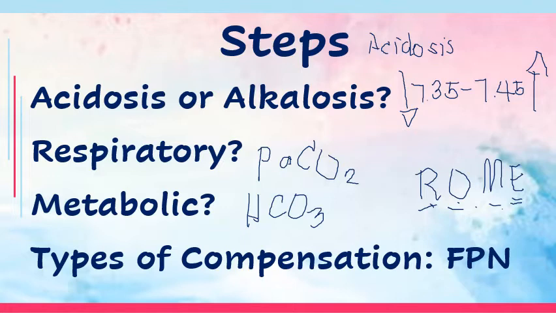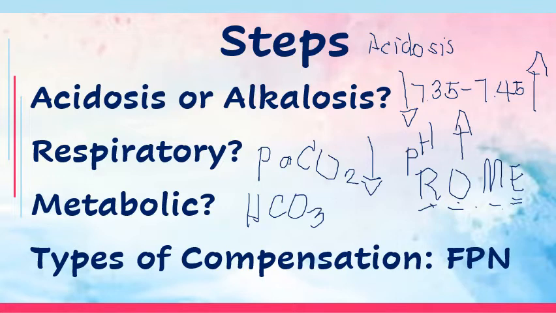Now, applying that concept, in respiratory, you will be comparing PaCO2 with the pH. So once the PaCO2 is pointing downwards, and the pH is pointing upwards, you are sure that this is a respiratory problem. Or vice versa, if the PaCO2 is pointing upwards and the pH is pointing downwards, you are sure that this will be a respiratory problem.